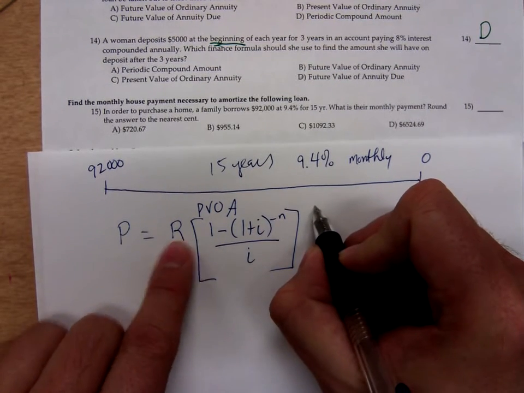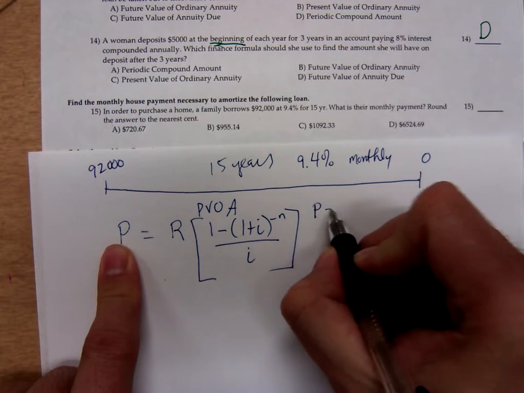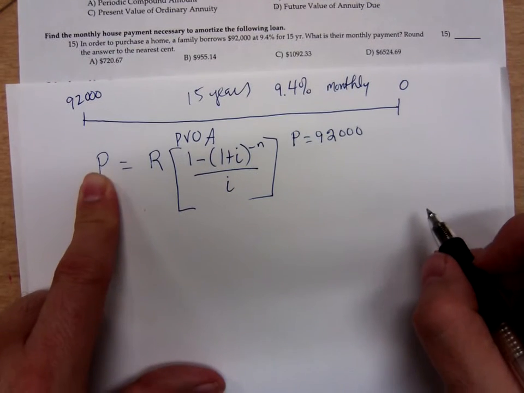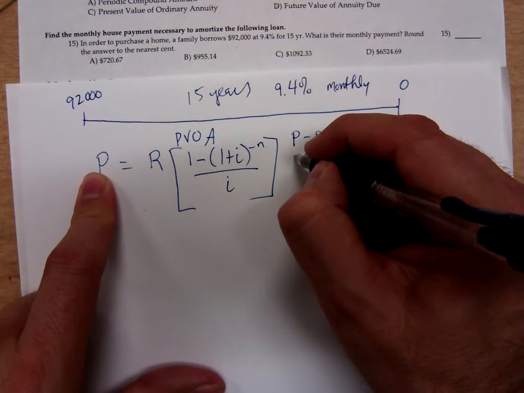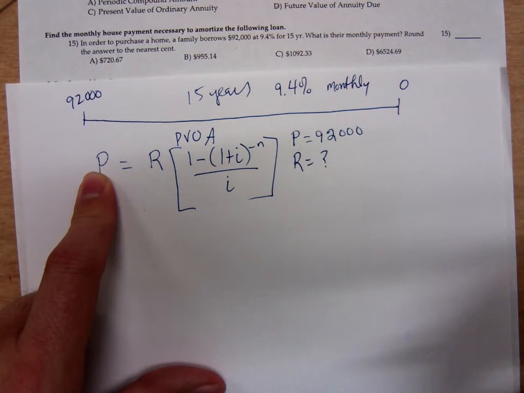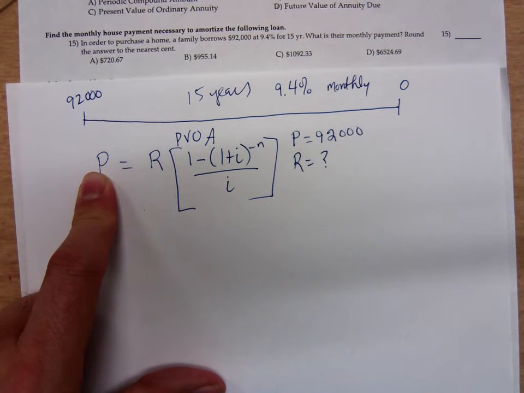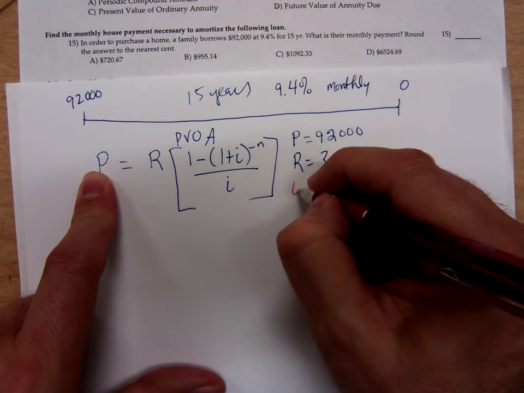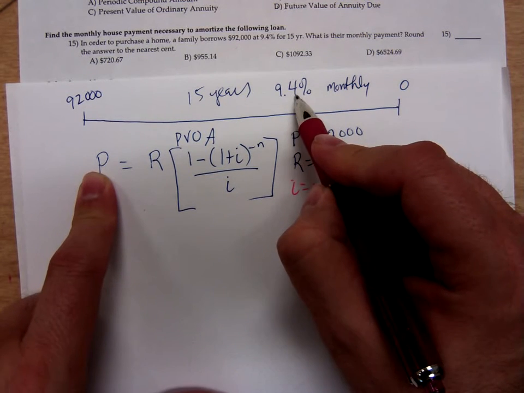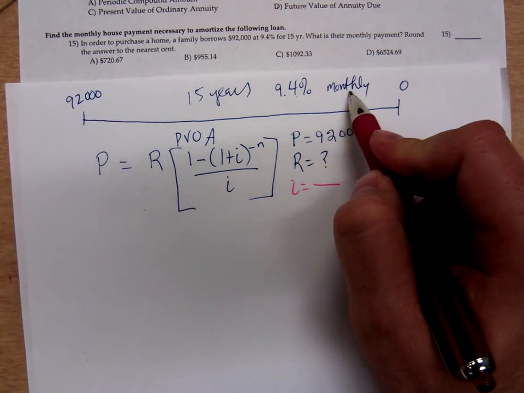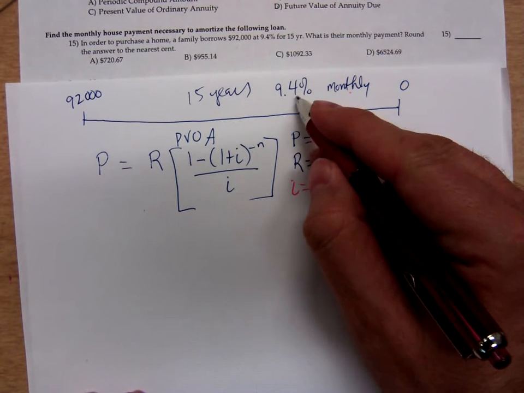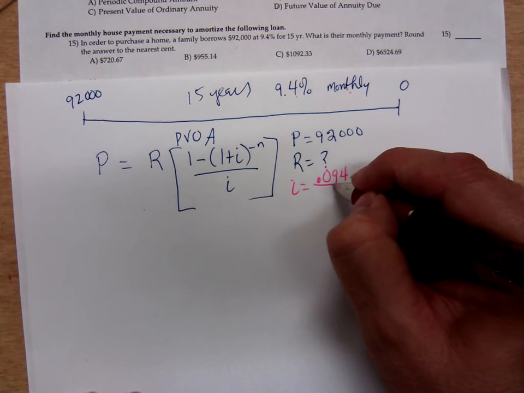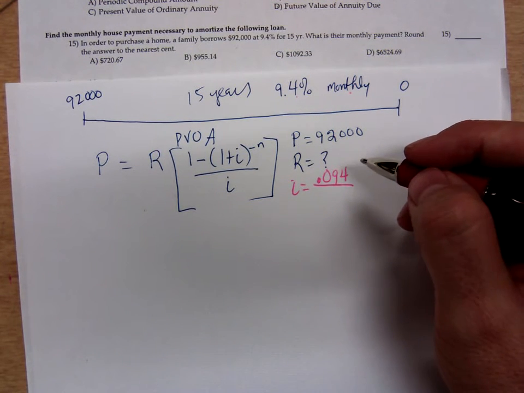On this one, P is 92,000. R is what we're trying to find, that payment. To get I, we normally divide. So I is 9.4% compounded monthly. You write that 9.4% as a decimal, 0.094, divided by 12.